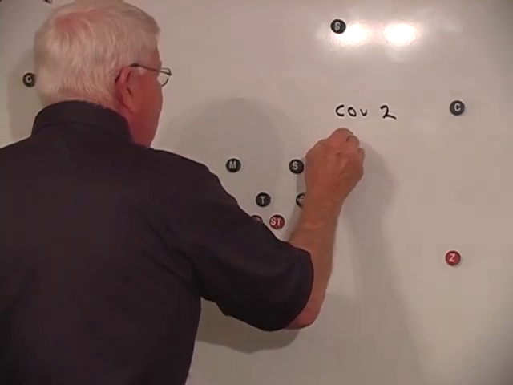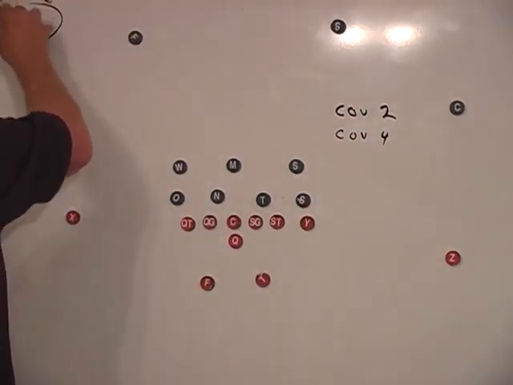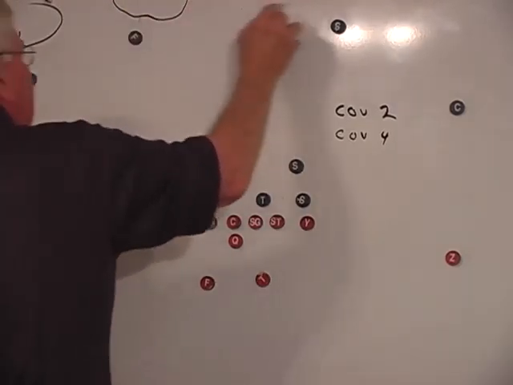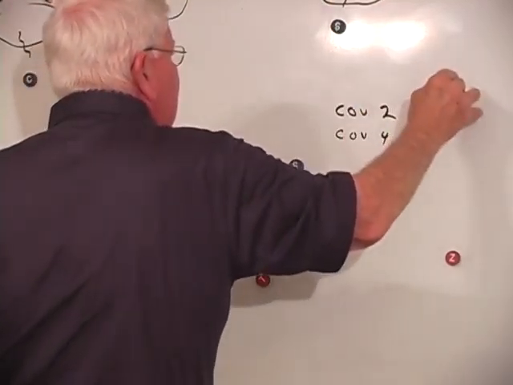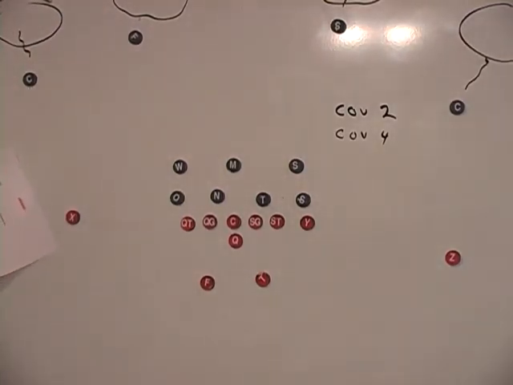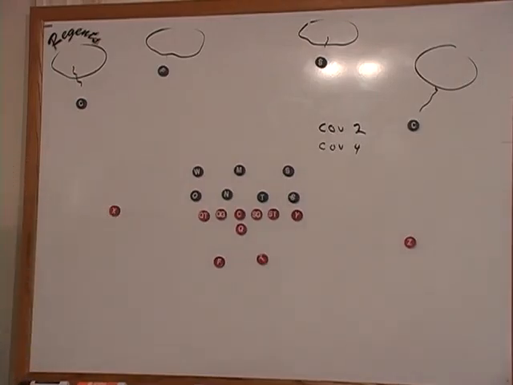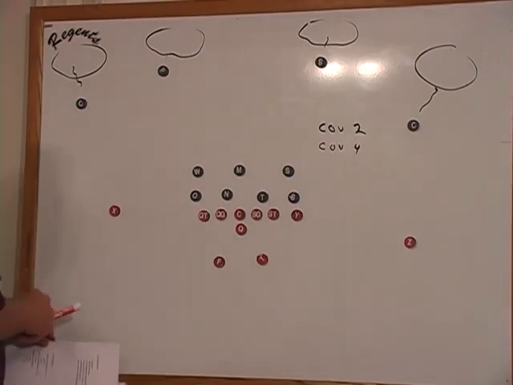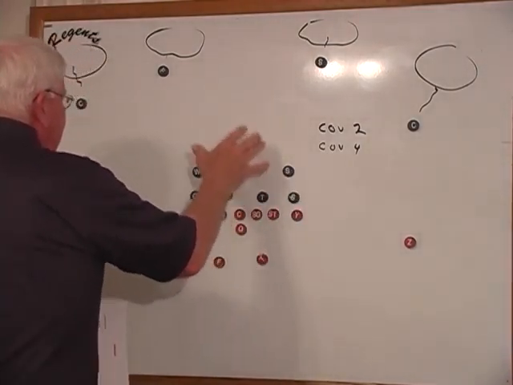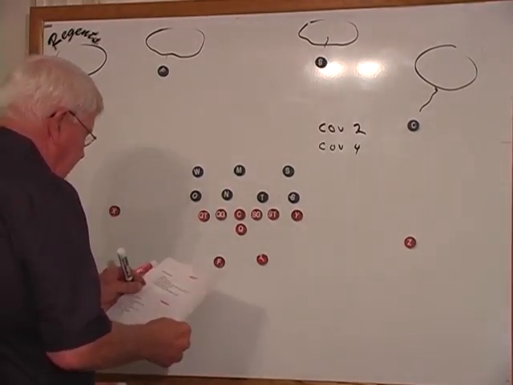In cover 4, there are 4 guys playing deep. Now, they're weak out in this area here, unless this guy is going to help cover out there. And if he helps cover out there, then it weakens their box and so on. But it's important that you are able to think in terms of that.